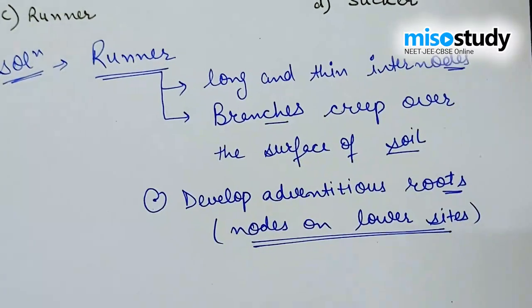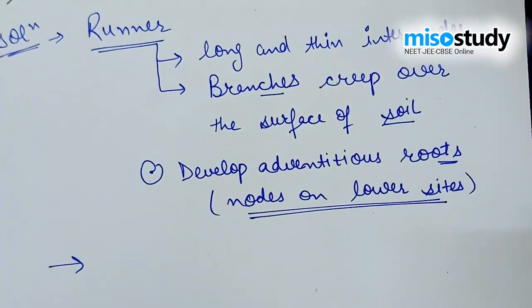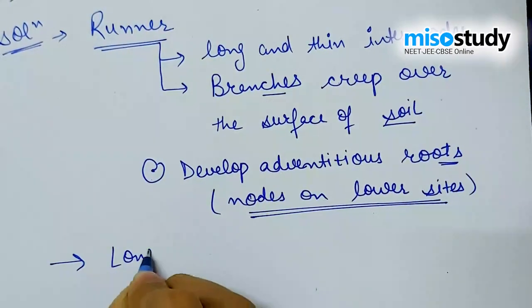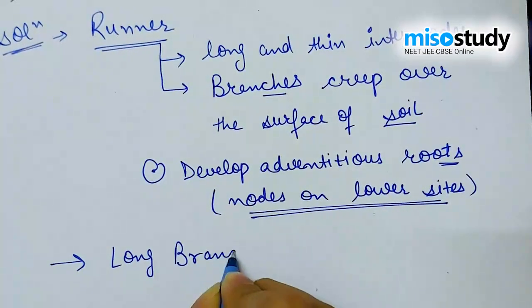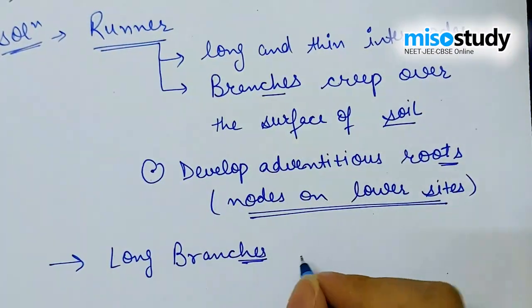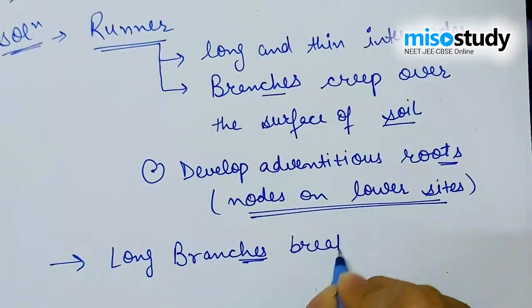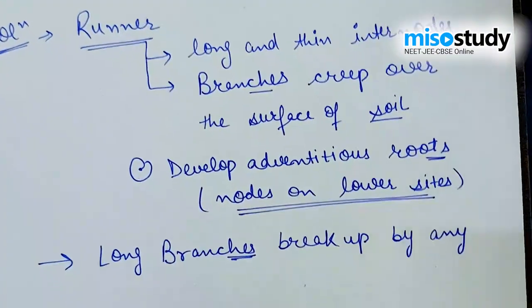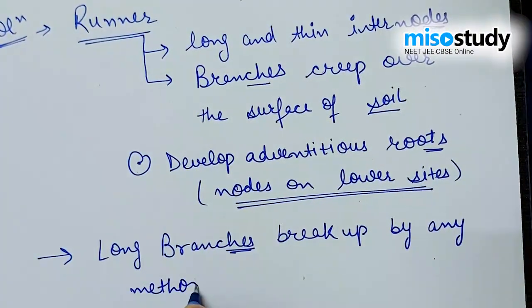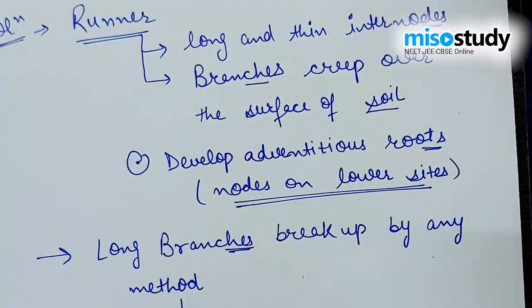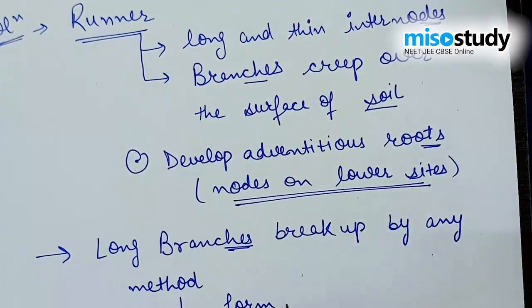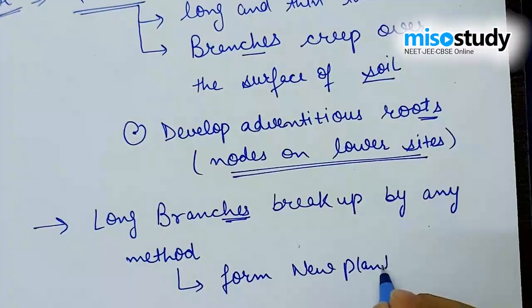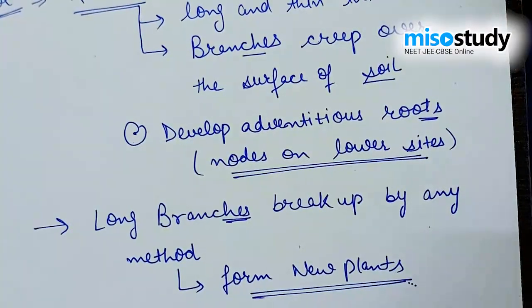As we discuss in runners, they possess long branches that break up by any method. Why do they break up? Because they form new plants.